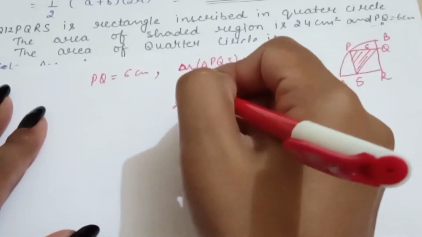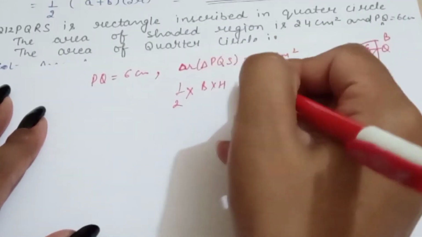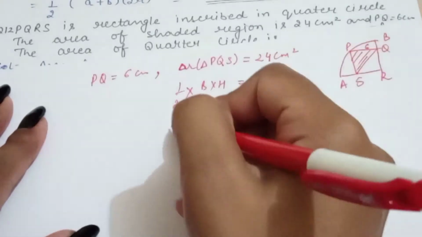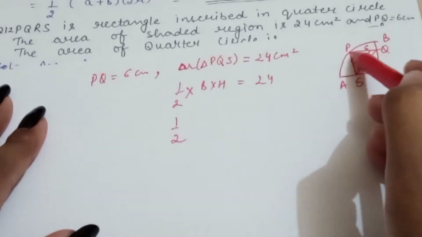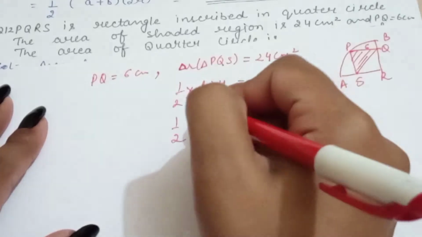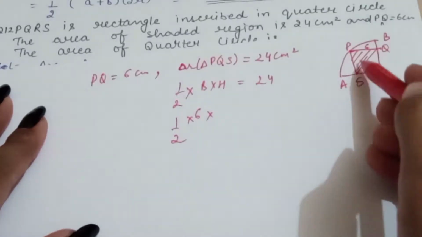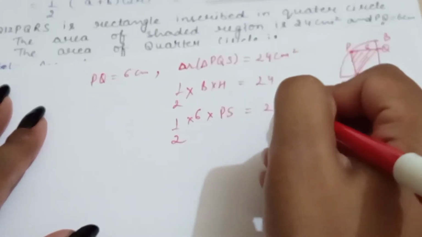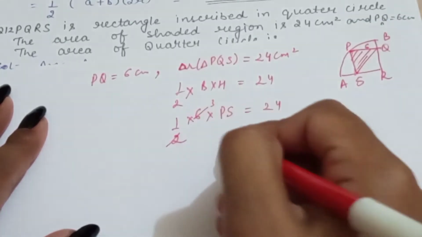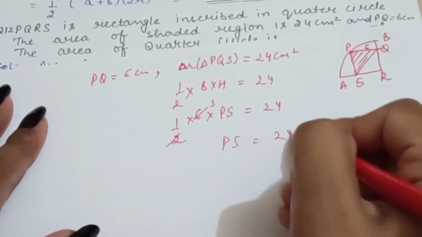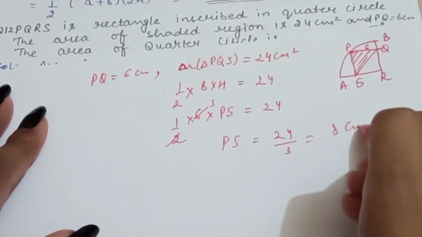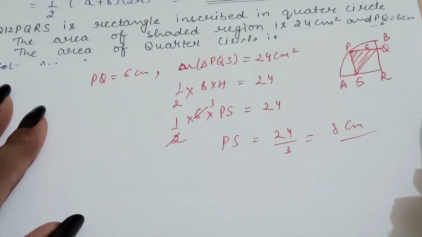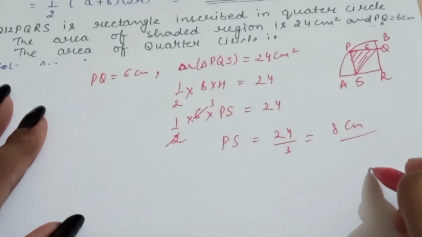Now this area will become half into base into height, which is equal to 24, and for this base is PQ, it means 6, and height is PS. We will find PS from here. This will become 3 and PS is equal to 24 upon 3, which is equal to 8 centimeter. Now we will redraw this diagram here.